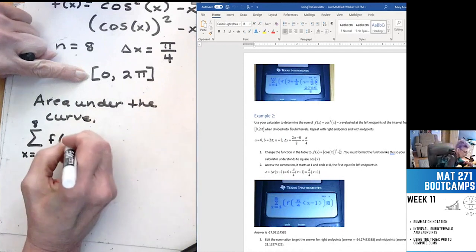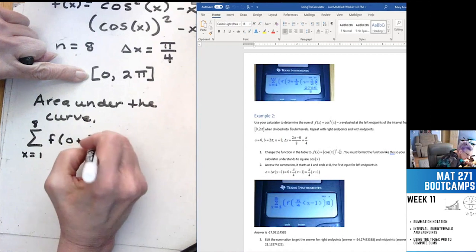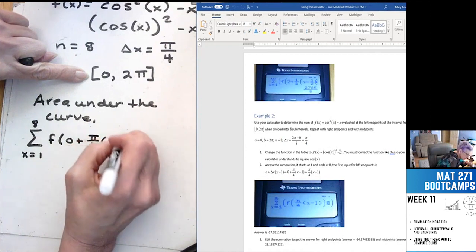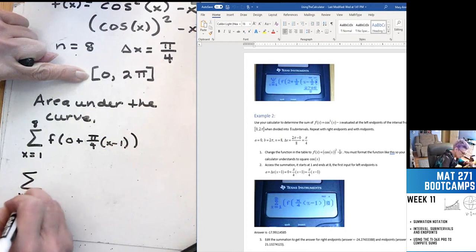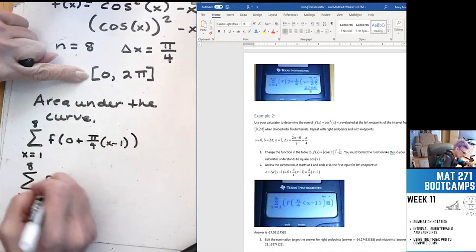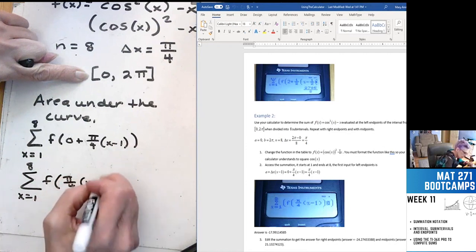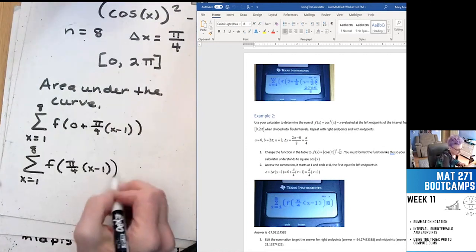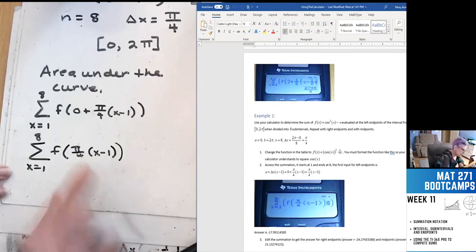I don't have to put 0 plus pi over 4 times x minus 1. I can just put f of pi over 4 times x minus 1. That's the nice thing about having my starting point be 0.